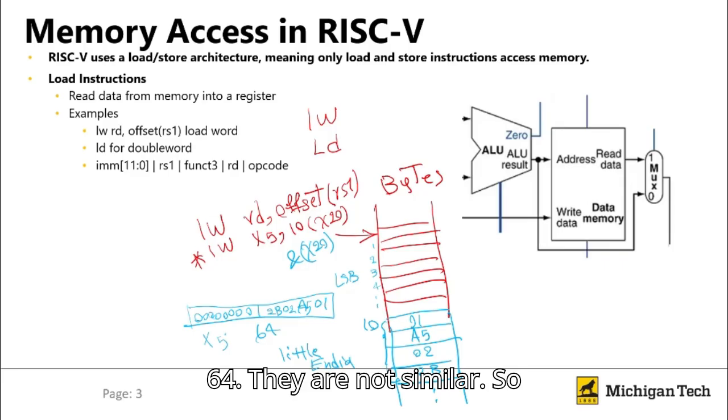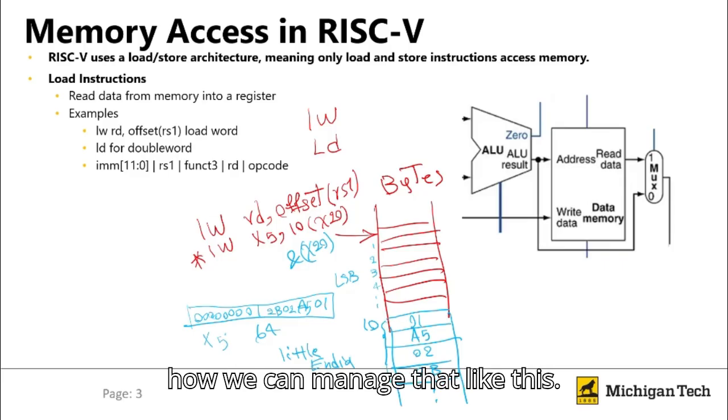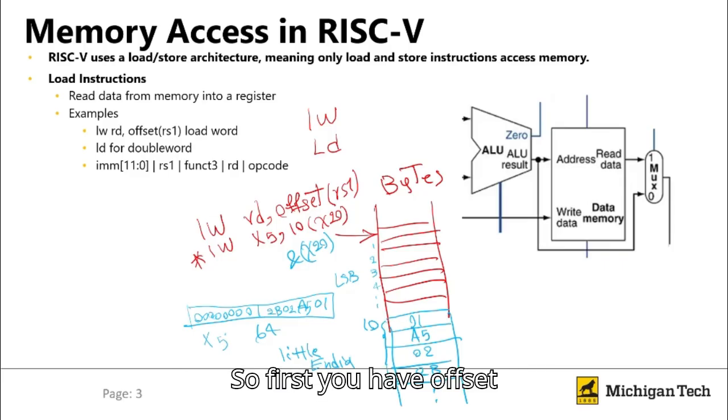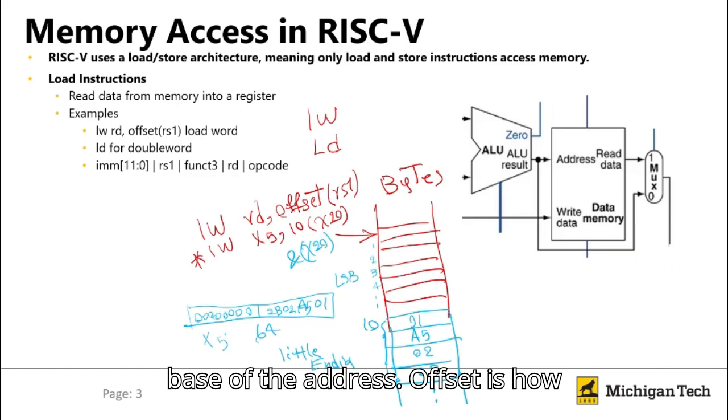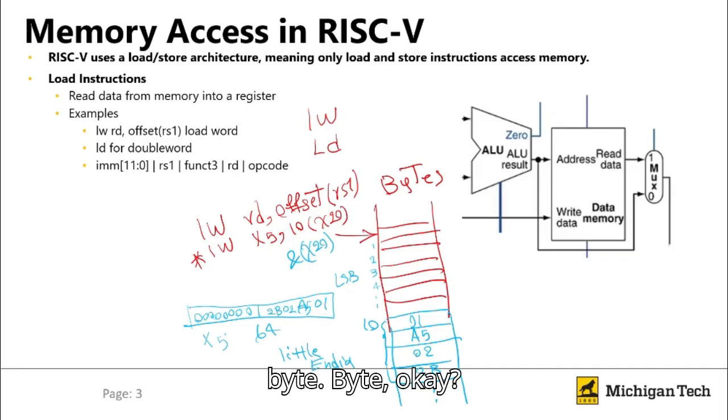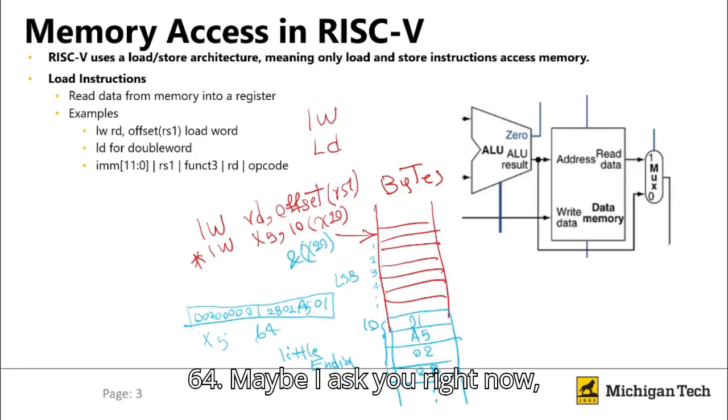They are not similar. So how can we manage that? Like this. First you have offset and base. Base is the base of the address. Offset is how much we add to that, in bytes. So x20 is another register that is 64 bits.